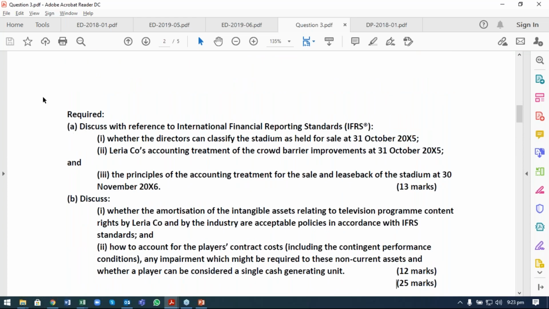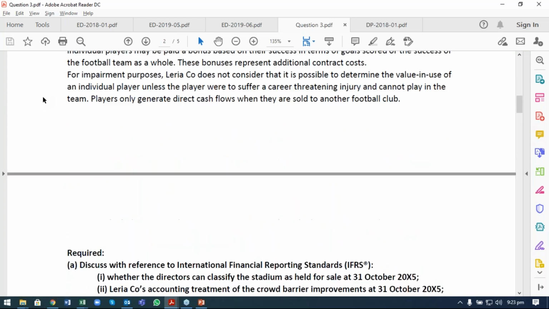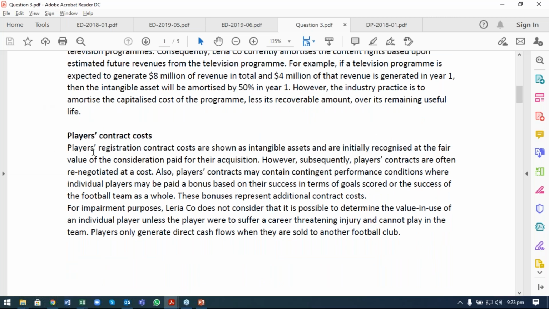If you're looking into the cost that you have incurred for the player registration, it should always be considered as an intangible asset, which was correctly treated by the company, right? So initial recognition was always based on the fair value of the consideration paid for the acquisition.